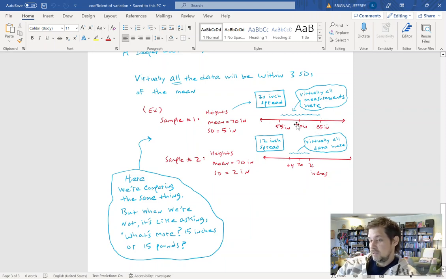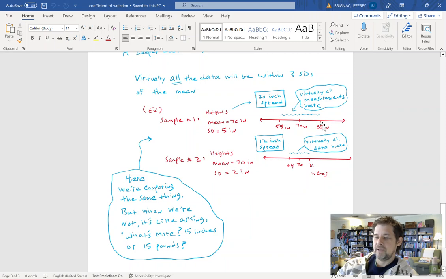If 70 is the mean, 3 standard deviations up would take me 15 inches up to 85, and 3 standard deviations down would take me 15 down to 55. So virtually all of their heights are somewhere between 55 and 85 inches.